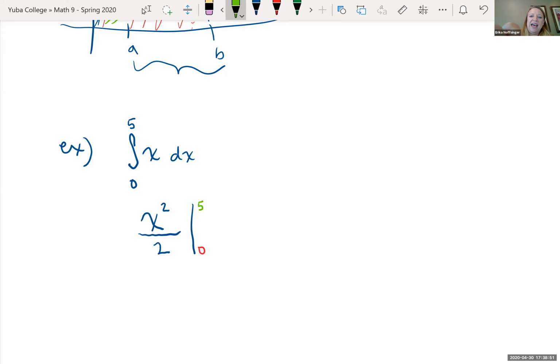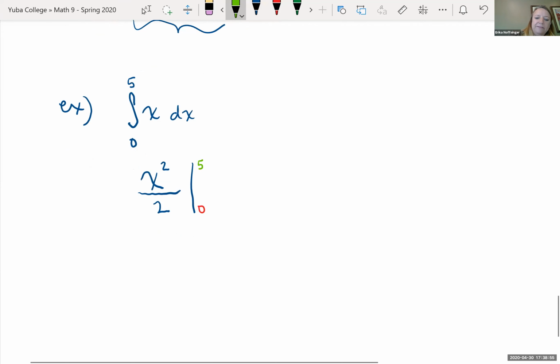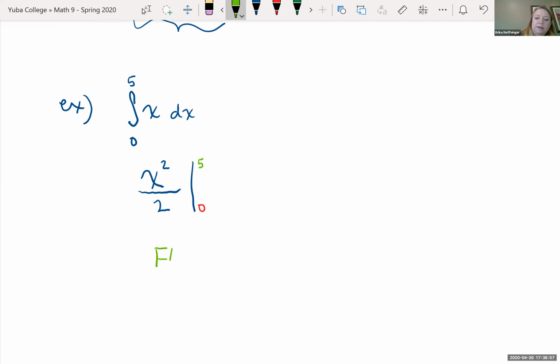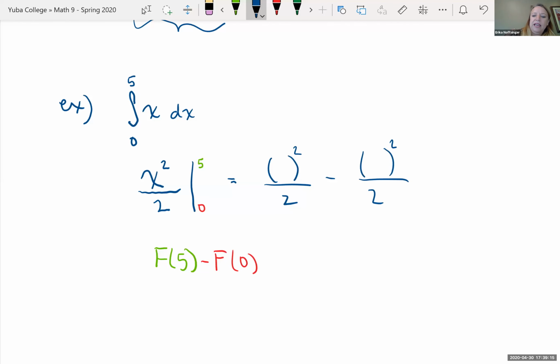So we're looking at plugging in. So we're looking at f of 5 minus f of 0. So we have plugging in 5 wherever we see an x in the antiderivative minus plugging in 0.